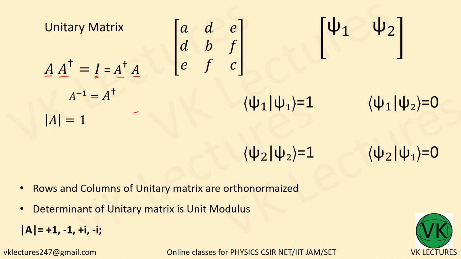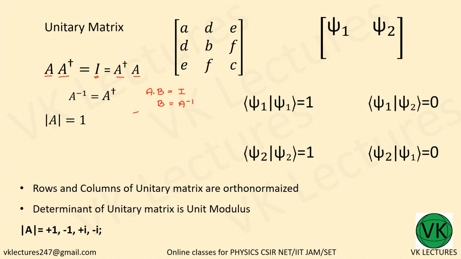As we have done earlier, A into B equal to I implies B is equal to A inverse. This I is the identity matrix.